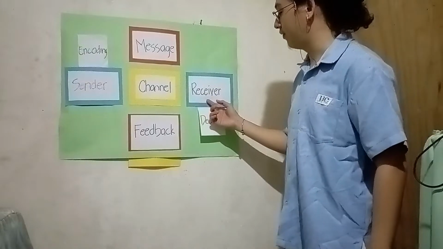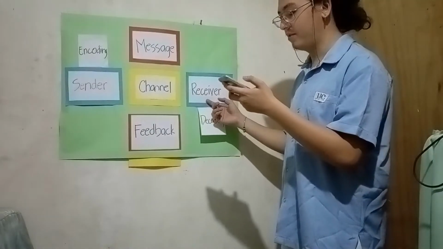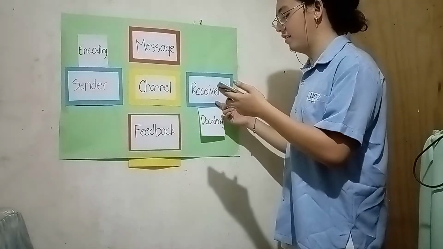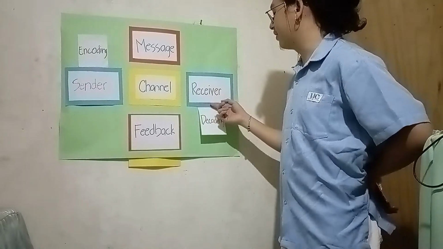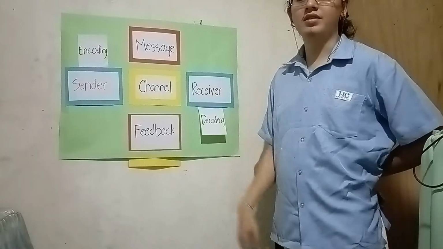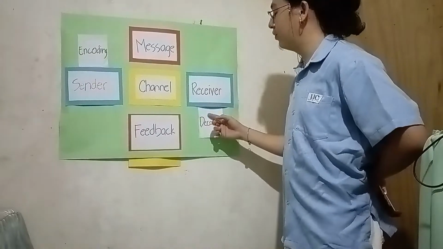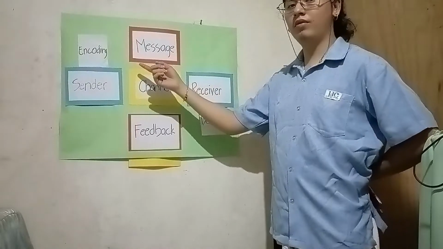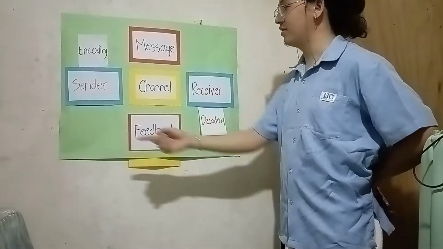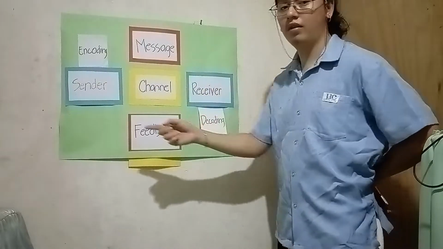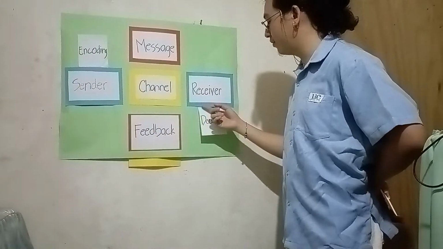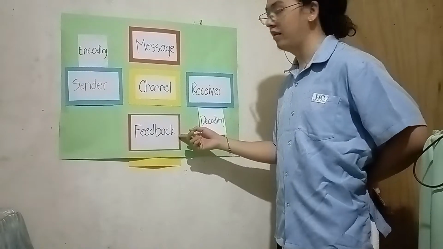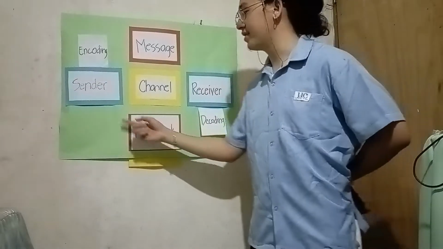This is performed by the receiver, who is the person receiving the message. After the receiver decodes the message sent by the sender, he will once again encode a feedback. So this is just a whole cycle in the process. The receiver will also encode a feedback to be sent to the sender.